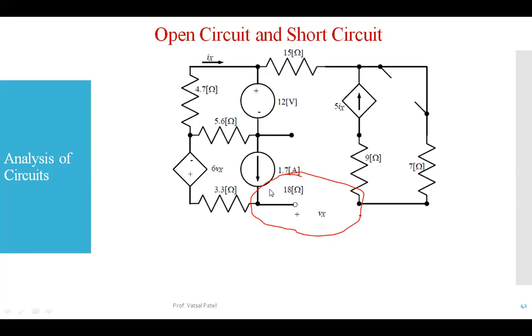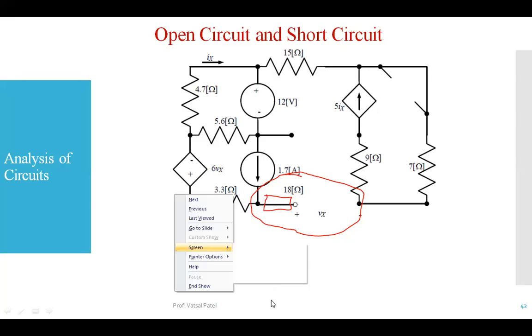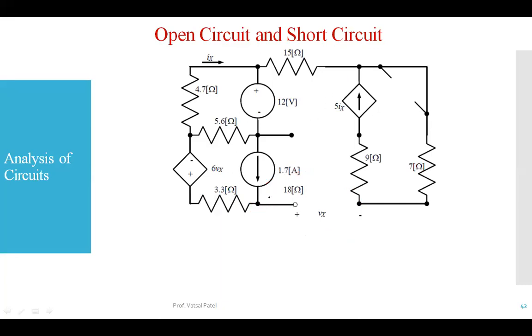There will be no current flowing here, so whatever voltage you try to measure across this 18 ohm resistance will not be measured. Yes, the voltage will be zero. So that's why this 18 ohm resistance is represented here with a short circuit, or you can say with a line segment only. Now you don't require the 18 ohm resistance at that point, because no current is flowing.